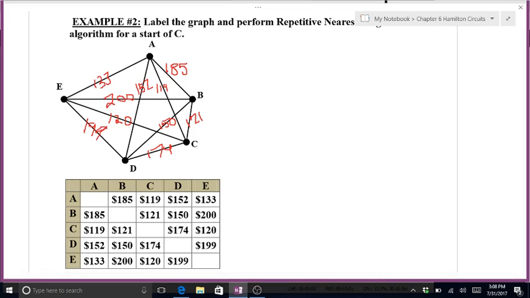Okay, so performing the repetitive nearest neighbor. Let's start at A first. When I leave A, I want to go to, it looks like C, and that has a weight of 119.